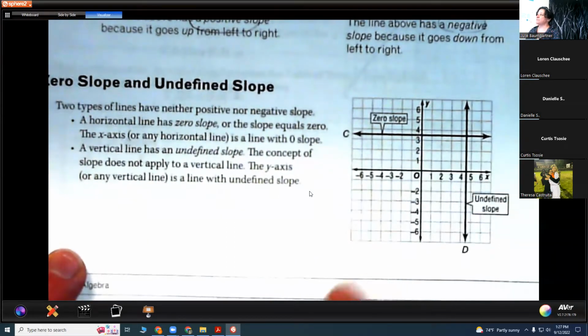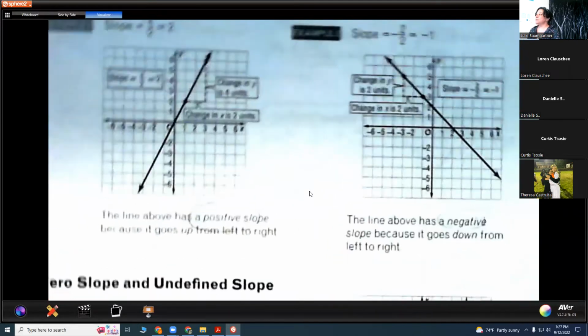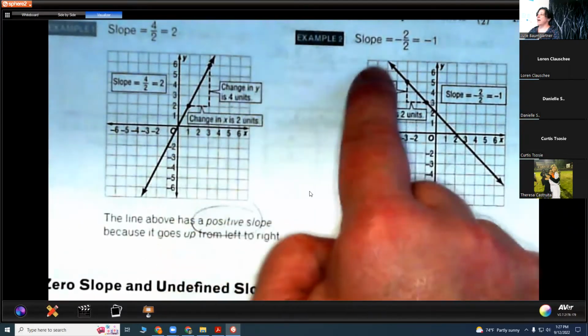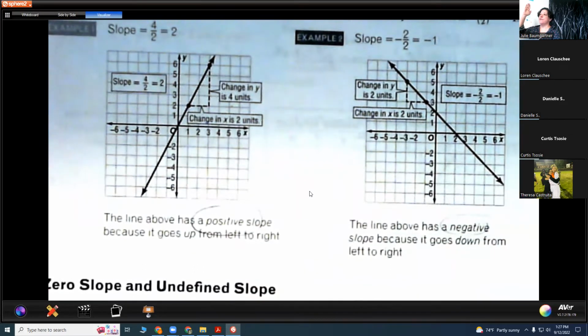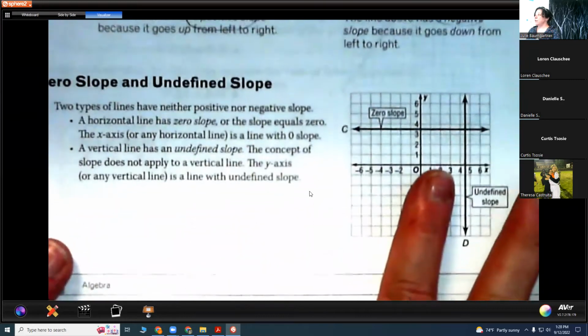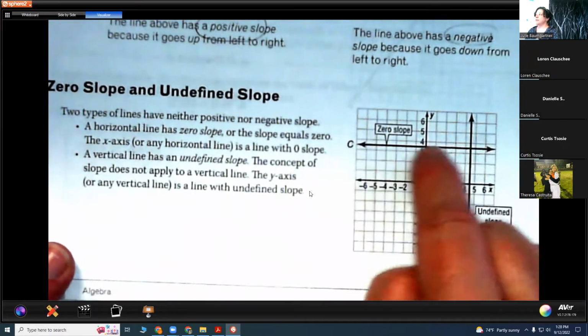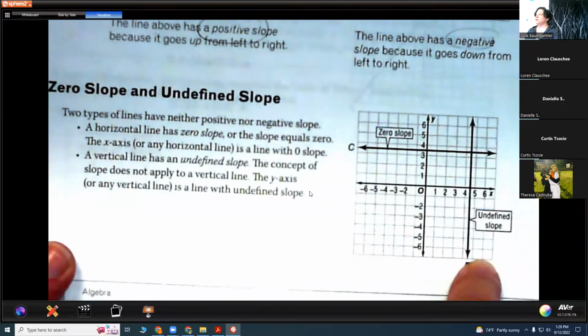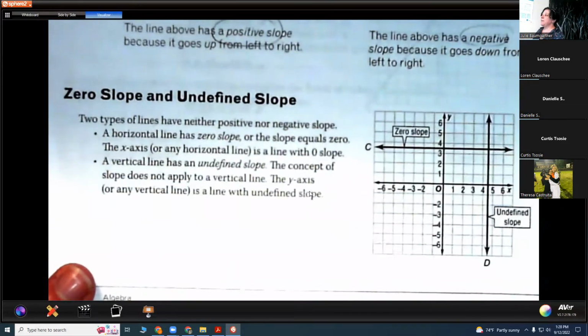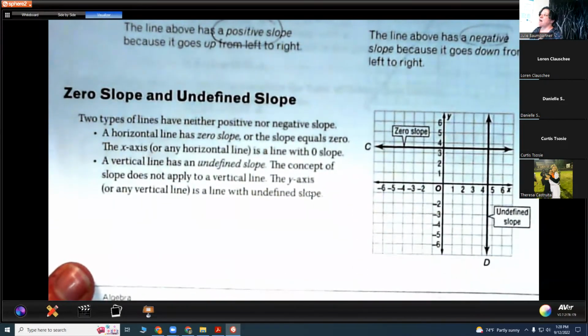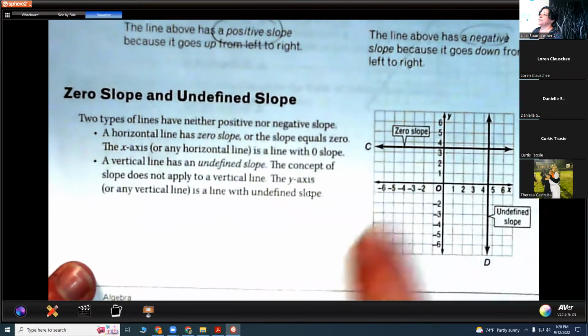So sometimes, as we can see, we would call these diagonal lines. They're straight, but they're not completely vertical or completely horizontal lines. But we know that that's possible, right? We can still plot and have coordinates and points just like these lines. But when we think about these lines, they have very specific characteristics, right?